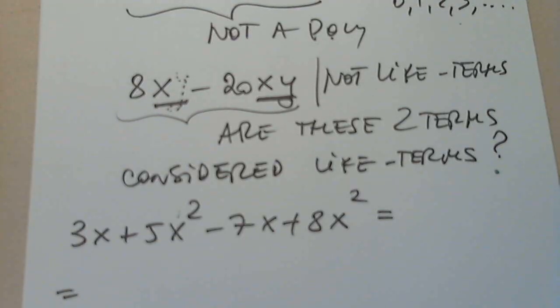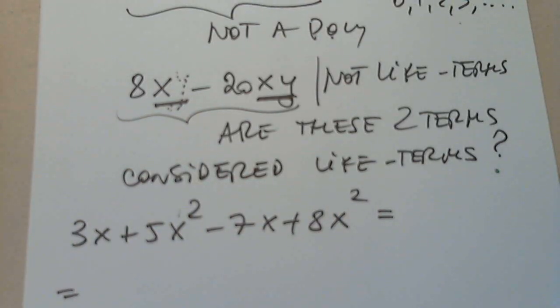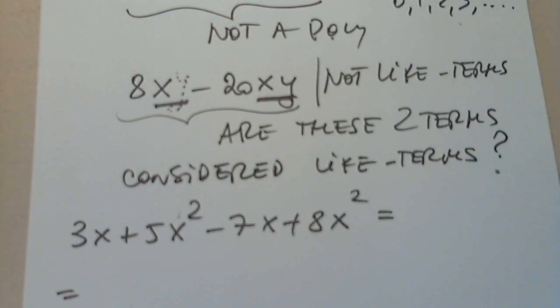My starting point has to be the degree. What will be the degree of this polynomial? I'm asked to combine like terms if I can and simplify it. Can anyone identify the degree on this?